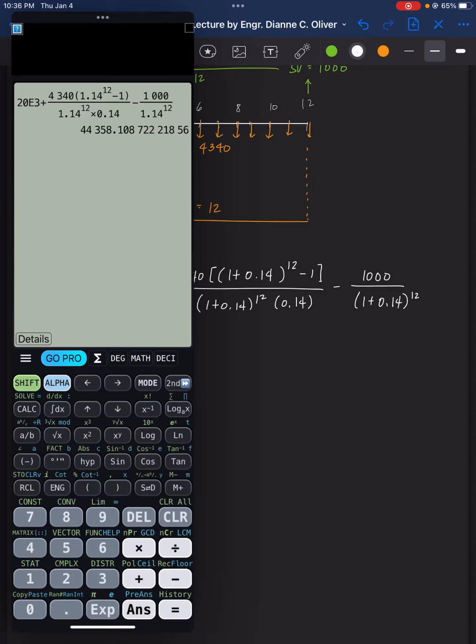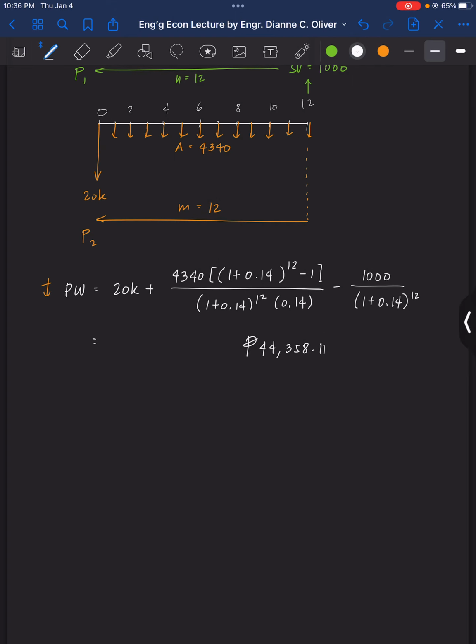So 44,358.11. Since it's positive, therefore this is a cost.